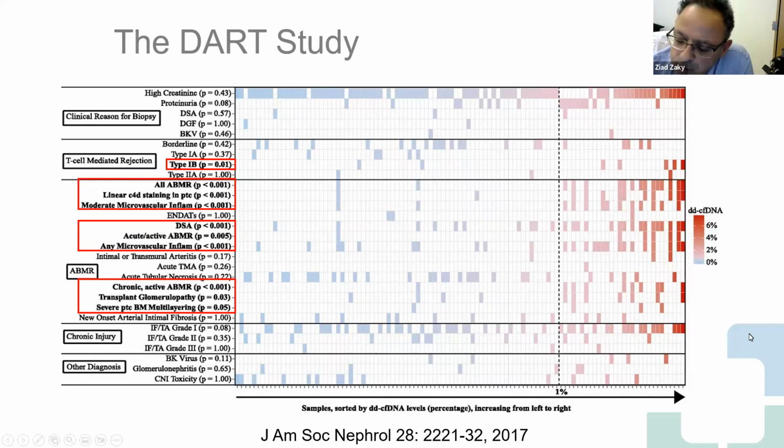And this is an important number, because this is where in clinical practice nowadays we use the 1% mark. If there is more than 1% of donor-derived cell-free DNA in the patient blood, there is a very high likelihood of having some sort of cell injury, namely rejection, and the need for biopsy.